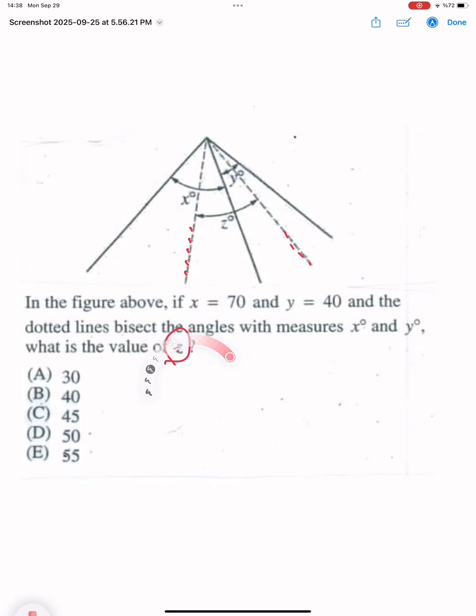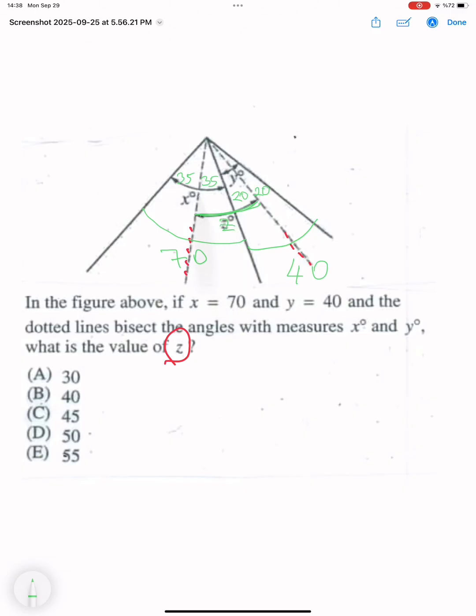So I know that x is 70. So in total this part is 70, and this part is for y it is 40, and the dotted line bisects 70, which leaves this part 35, and here we have another 35, and these dotted lines again bisect 40 into 2, so this is 20 and this is 20, and we are asked to find z here.